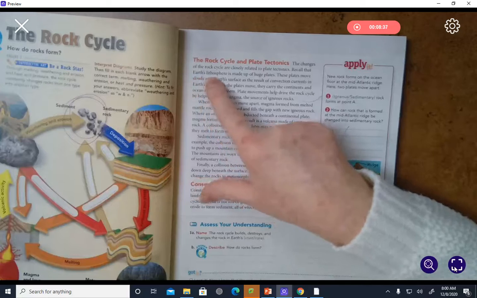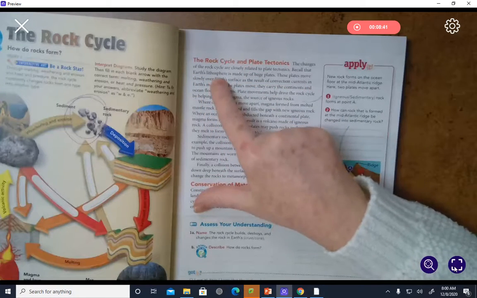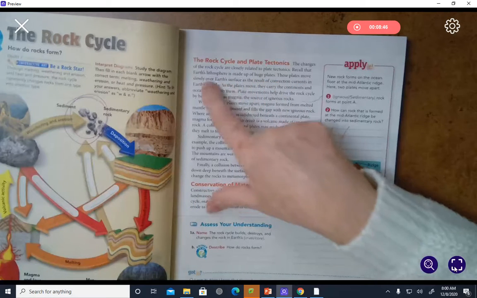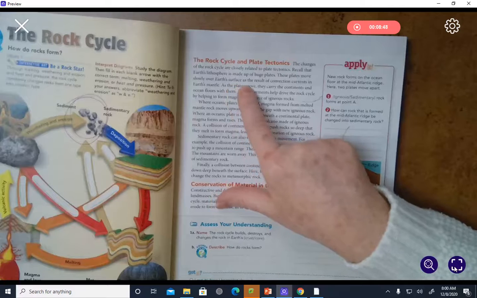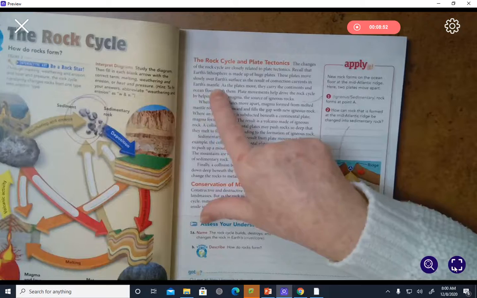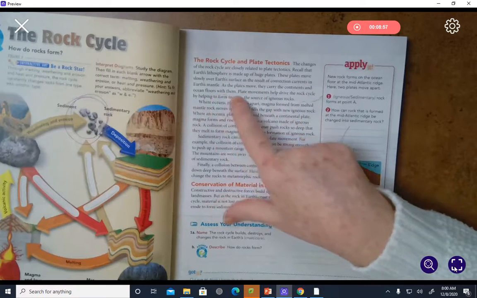Recall that Earth's lithosphere, which is the ground, the hydrosphere is the water, is made up of huge plates. These plates move slowly over the Earth's surface as a result of convection currents in Earth's mantle. As the plates move, they carry the continents and the ocean floors with them.